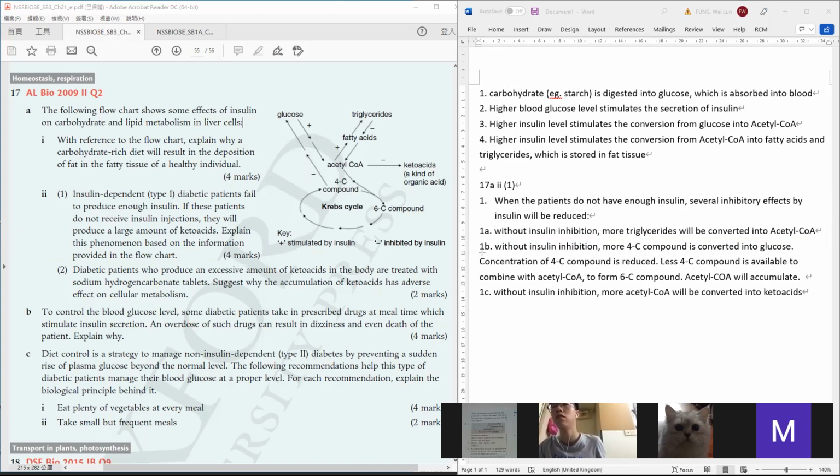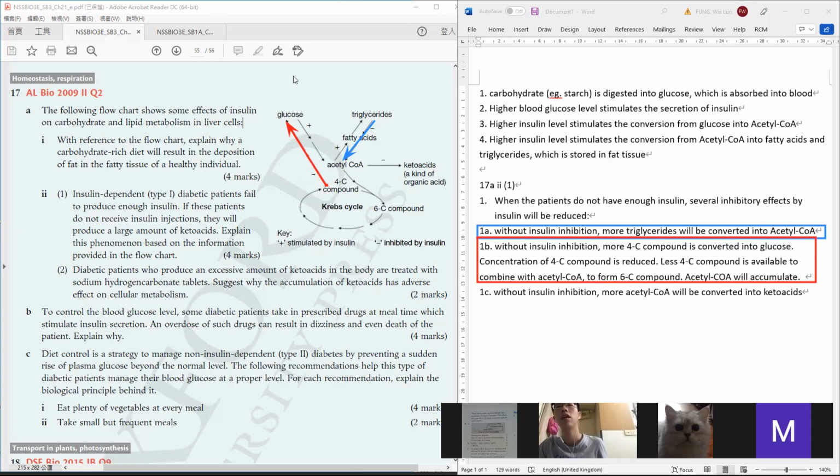For example, no insulin, so we don't have the minus sign there. So blue arrow, carry on. Without insulin inhibition, more 4C compound is converted into glucose.